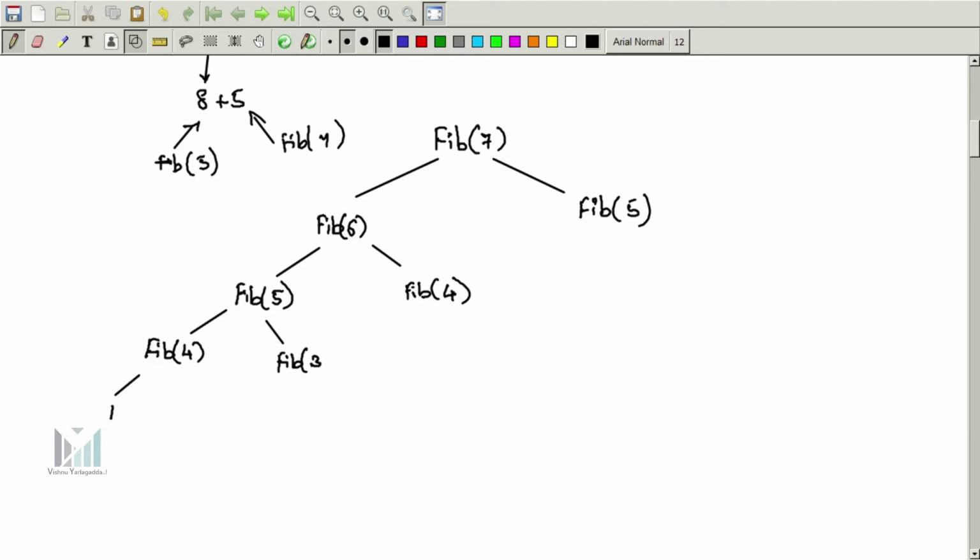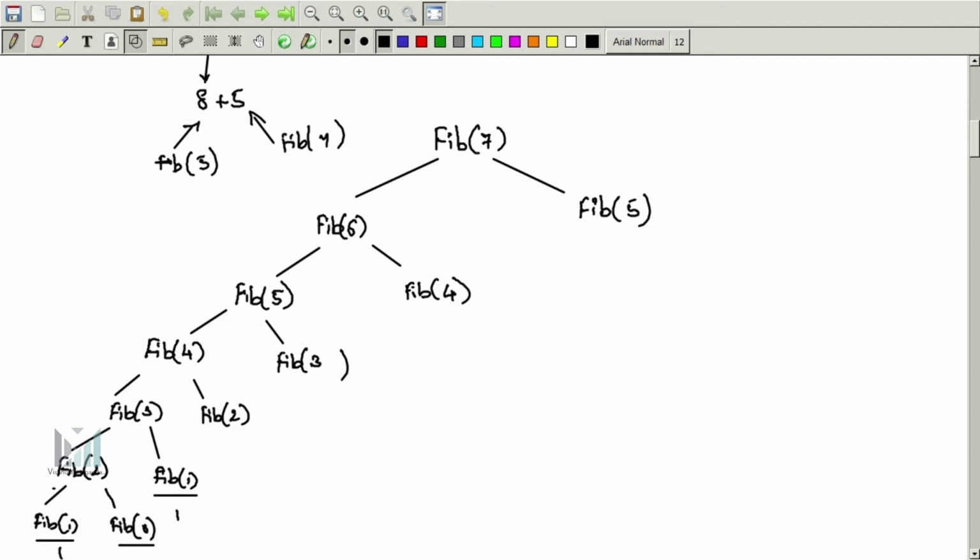This one, fib of 3, fib of 2. This one, fib of 2, fib of 1. Fibonacci of 1 is 1. This one, fib of 1, fib of 0. This is 1 and this is, sorry, also 1.